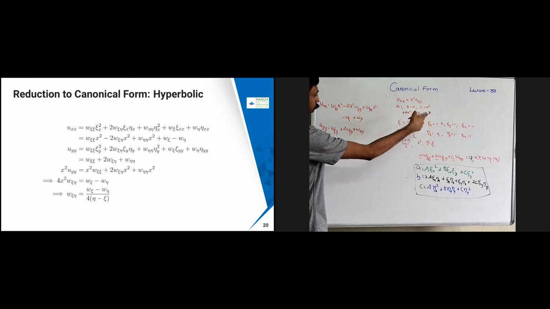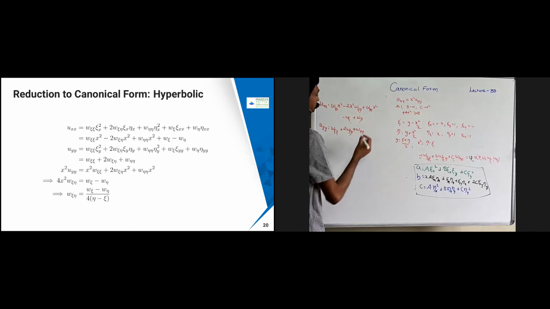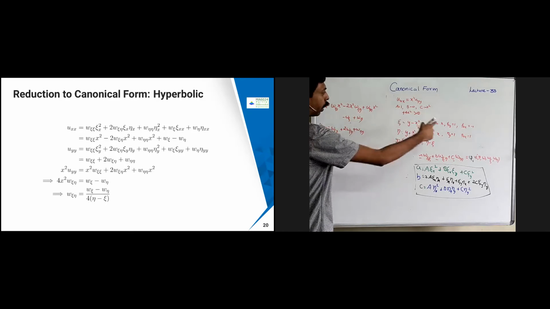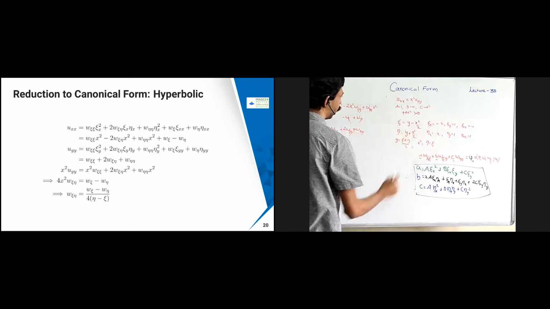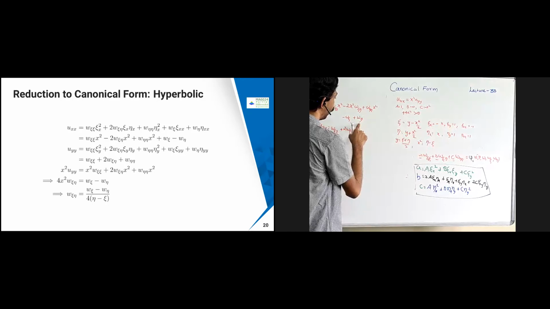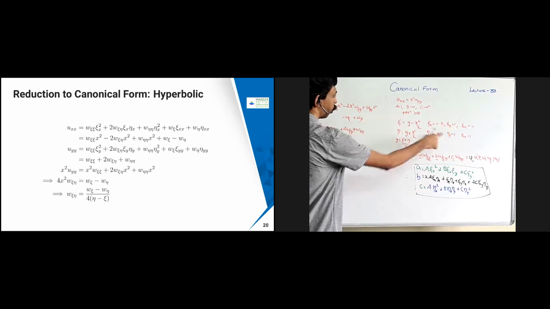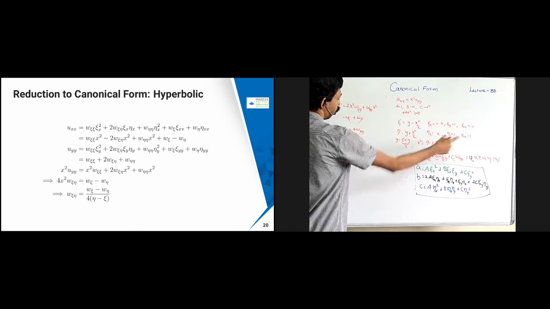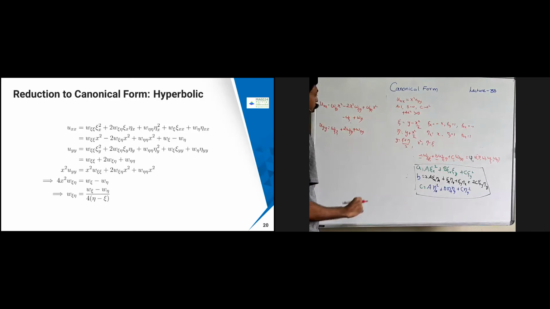Again eta y square is 1, and then you have w chi into chi y is going to come. Chi y is 0 because chi y is already 1. Okay, similarly here w eta into eta y is going to come. Eta y is already 0, that eta y is 0. Only these two are good.